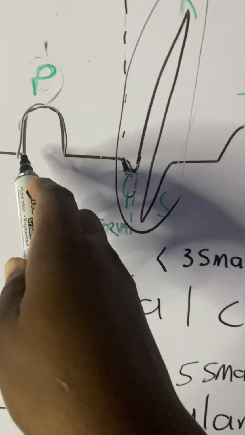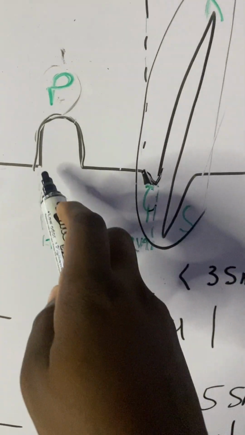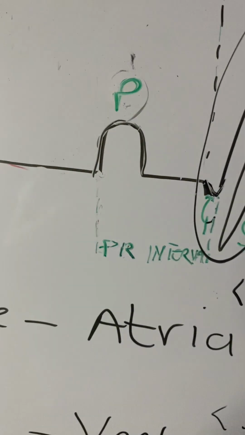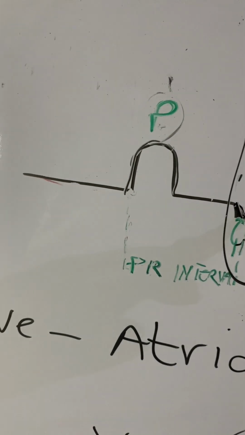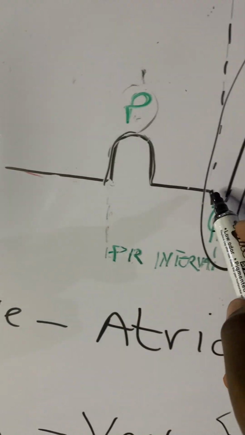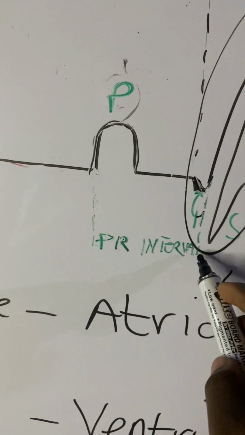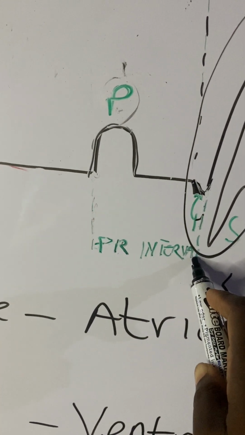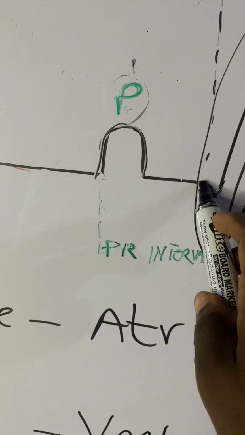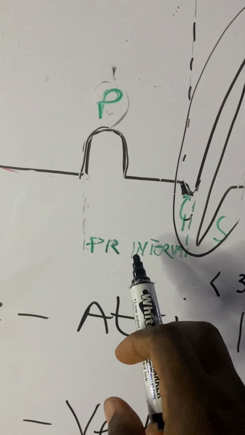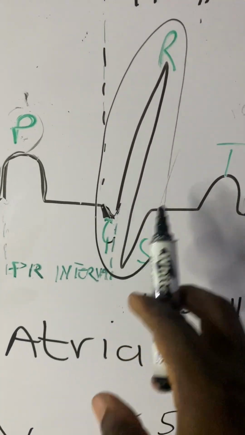So from your P here to your R here, it's called the PR interval. It has a normal duration. Don't worry, we'll go into that later.